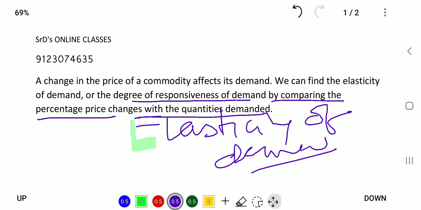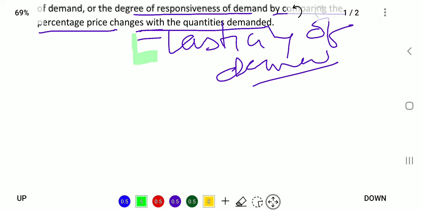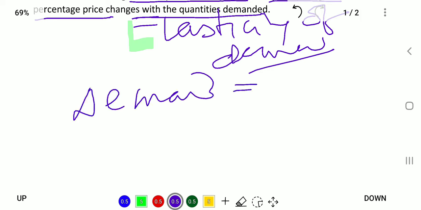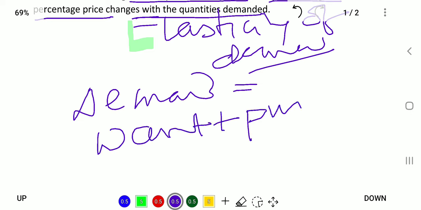So now let us talk about what is demand. In our previous video we discussed that demand is equal to want plus purchasing power, right?